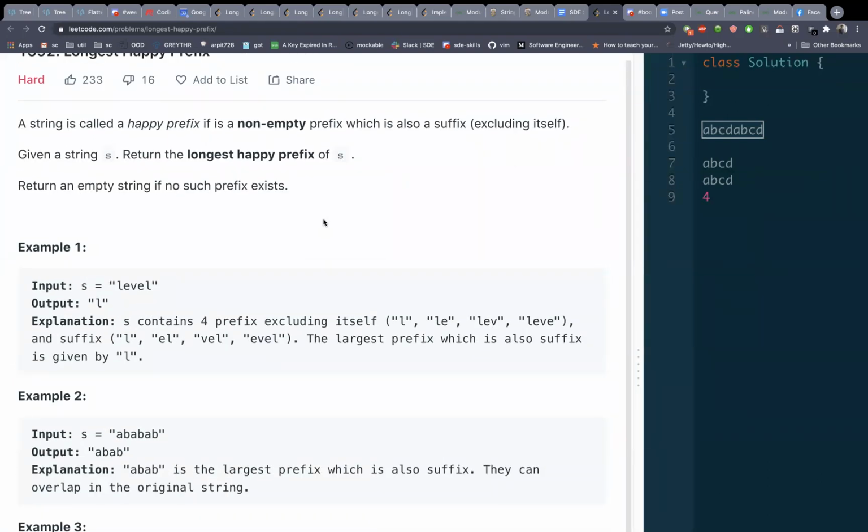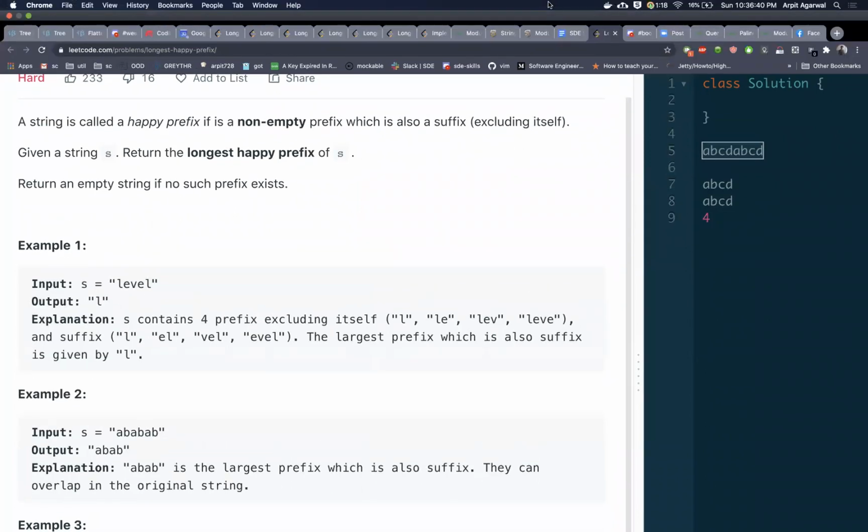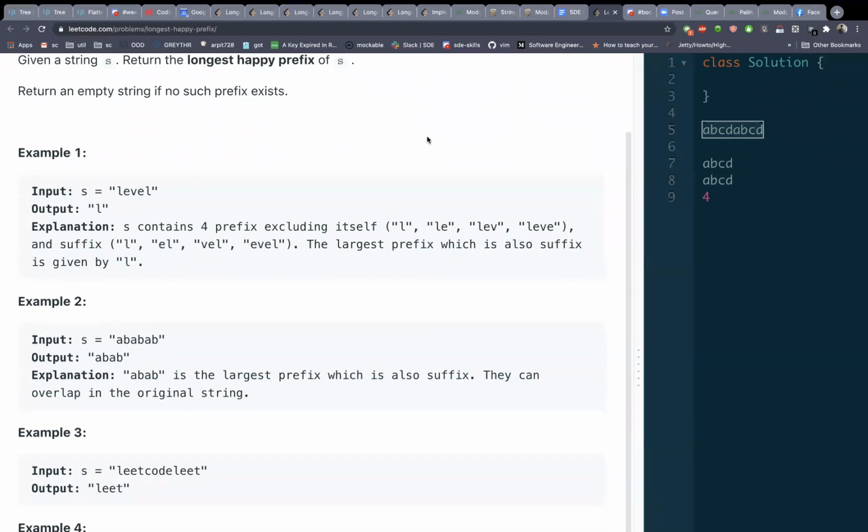I can wait for a minute, and you can all internalize the problem first. So I hope the problem is clear.